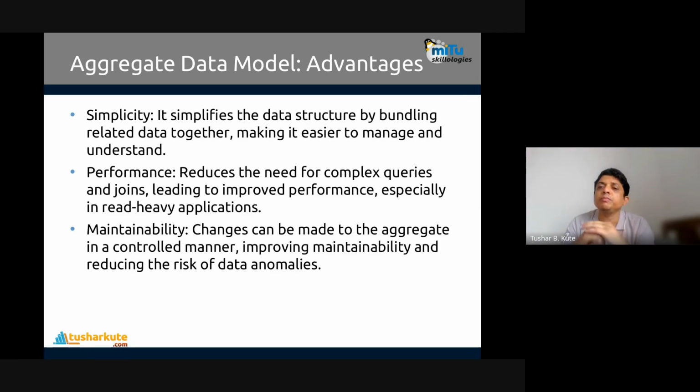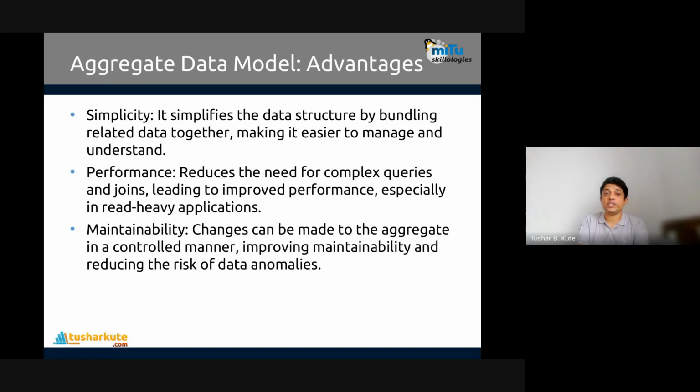What's the advantage of this method? Why do we use the aggregate data model? Simplicity in design. Because I don't have to store data in the raw form. It's coming, stored. It's coming, stored. Continuously stored. Done.